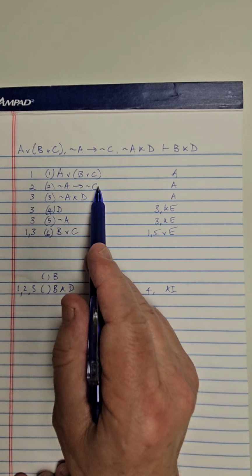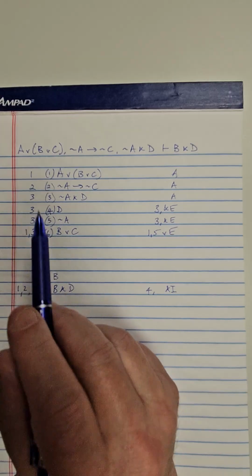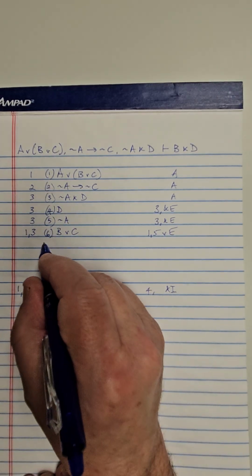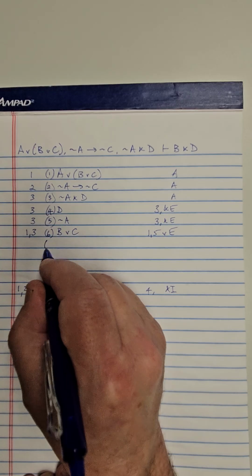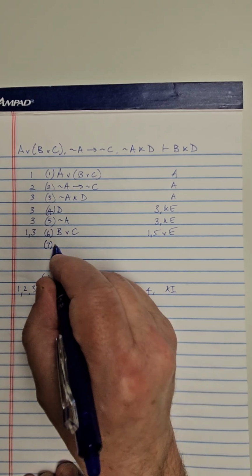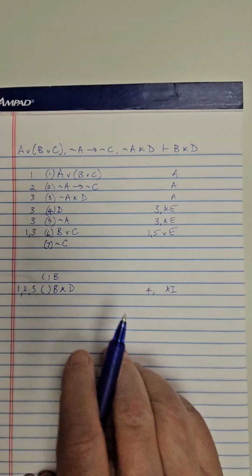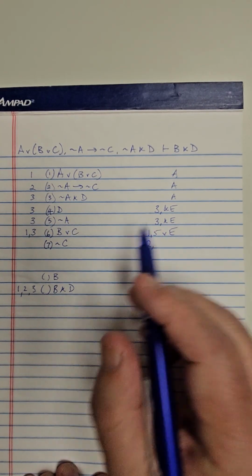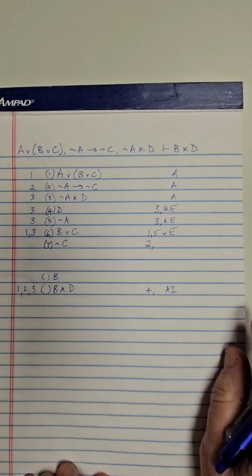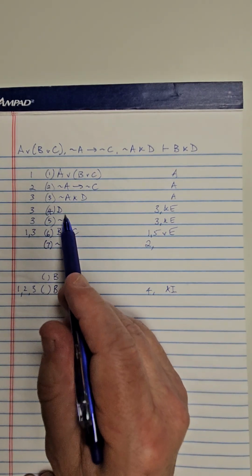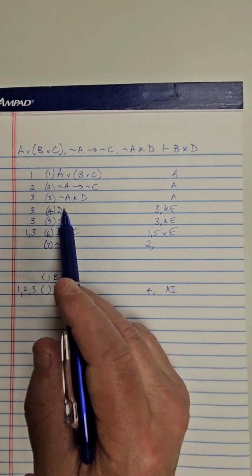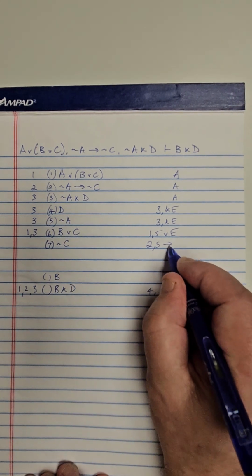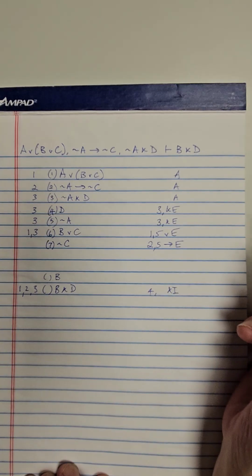So we can prove that if we have its antecedent, and we do. On line 5 we have not A, which is the antecedent of the conditional on 2. So on line 7 we can prove it's not the case that C. We have a conditional on 2, of which not C is the consequent. We have the antecedent of that conditional on line 5, so 2, 5, arrow elimination.